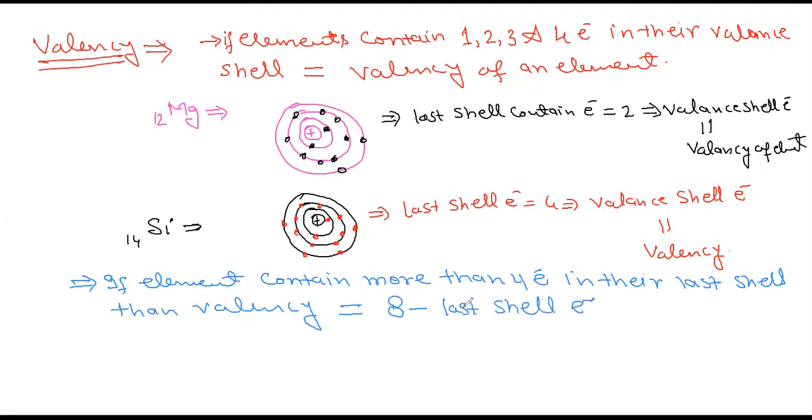Just remember the point: 8 minus last shell electrons. Why are we using 8? Because the noble gases contain 8 electrons in their last shell and they are stable.